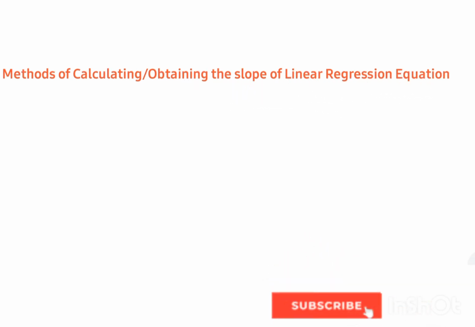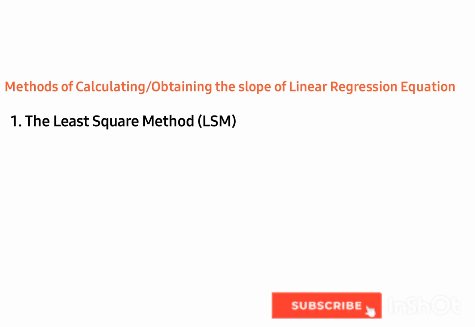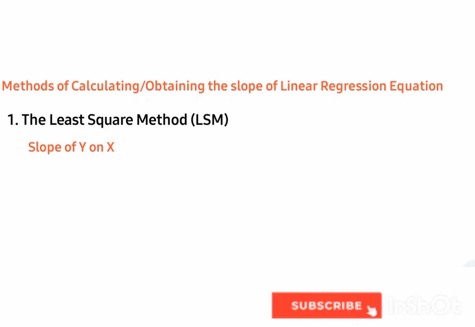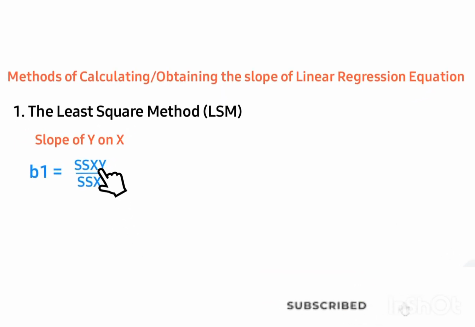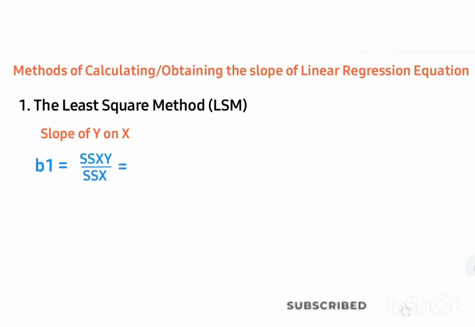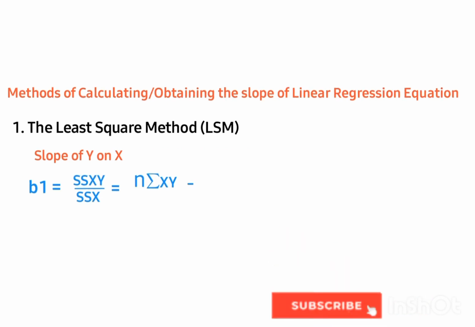Basically, we have two methods. The first one is the least square method. I call that LSM. To find the slope of y on x using the least square method involves the following formula: sum of squares xy over sum of squares x, where sum of squares xy equals n summation xy minus summation x times summation y.